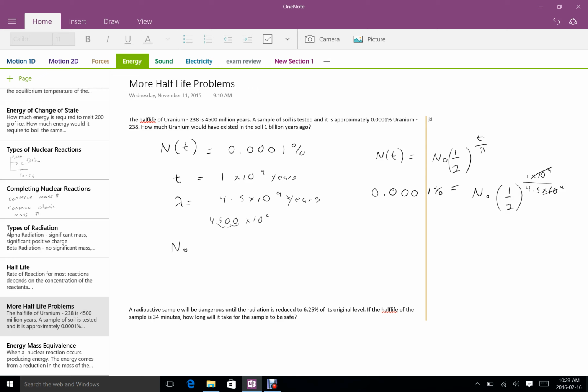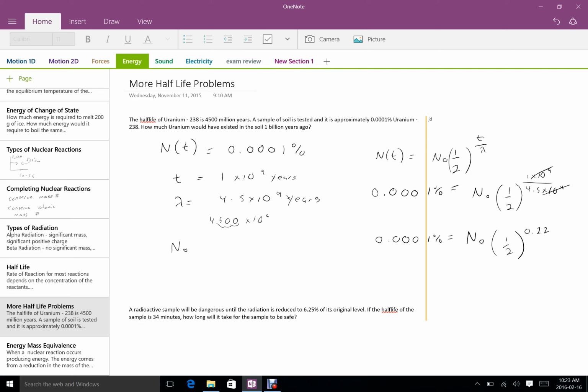The 10 to the 9s cancel out, and I just have 1 over 4.5, which means 0.0001% equals my original amount times 1/2 to the 0.22.